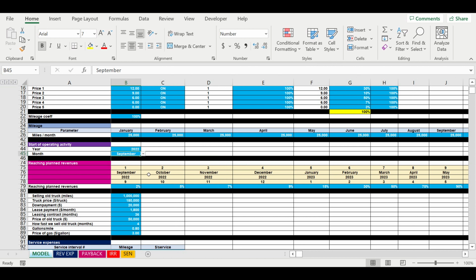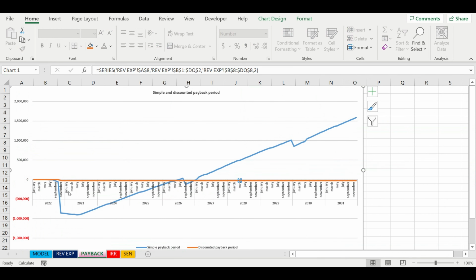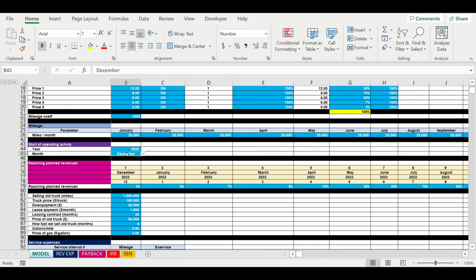What is very convenient, for example, if we want to displace our project to December 2022, we just specify it here, then we move here, and now we can see how the diagram is placed to the right. So it's very easy to move your project inside the timeline.